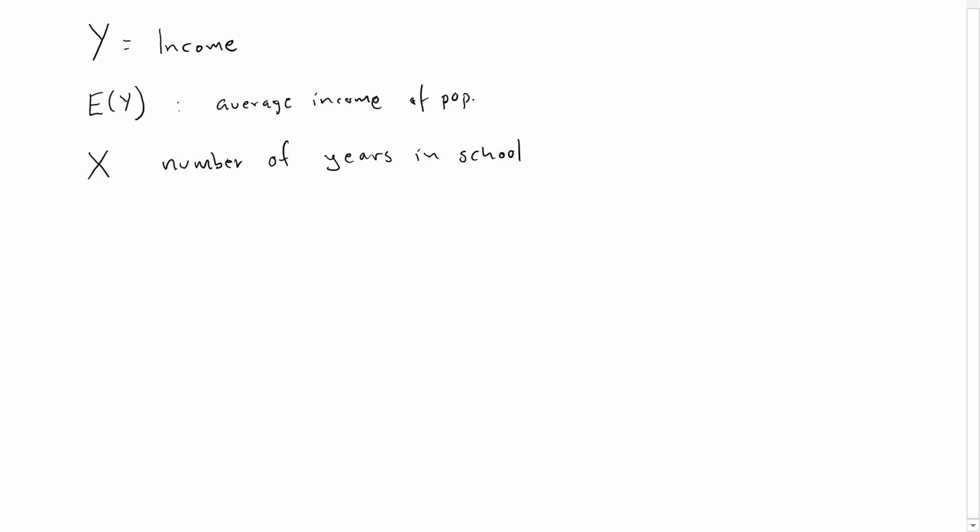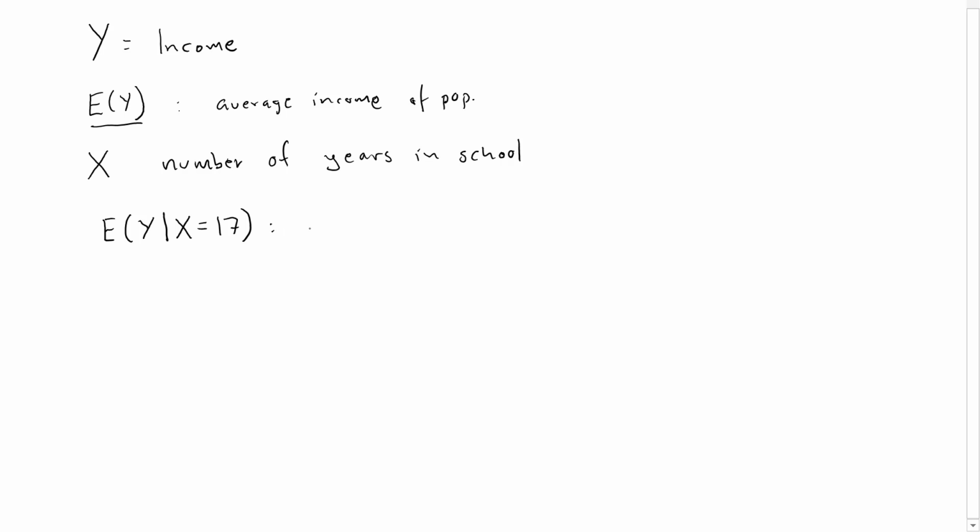So let's look at this concept. Expected value of y given, this vertical bar is pronounced as given or conditionally on, X is equal to 17. What would this be? Well, this thing here was the average income of the population.